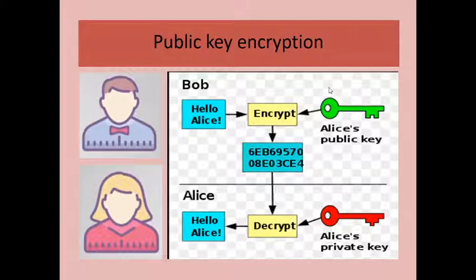Whose key? Alice's public key. He uses Alice's public key to encrypt this message. So this is the encrypted one, the scrambled one. Then Alice can use her private key to decrypt this scrambled data and get the original message.